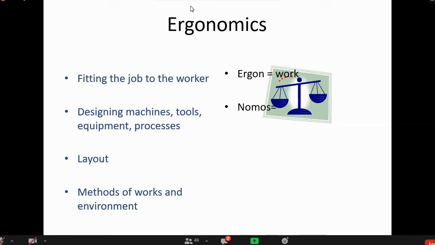But in this case, when we're talking about ergonomics, we're talking about different designs of the machine. As simple as the doorknob. If the doorknob is not comfortable to be opened by the darban, the chowkidar, he may develop some kind of carpal tunnel syndrome, maybe because of the repeated movement.